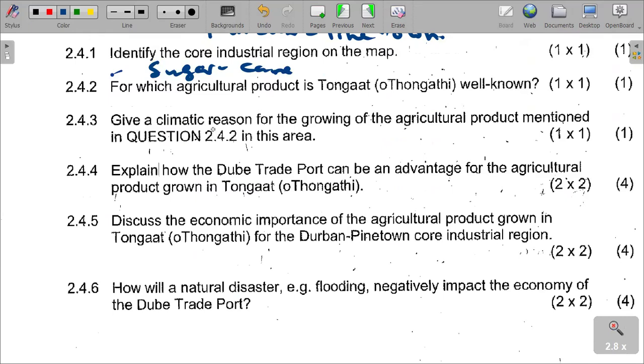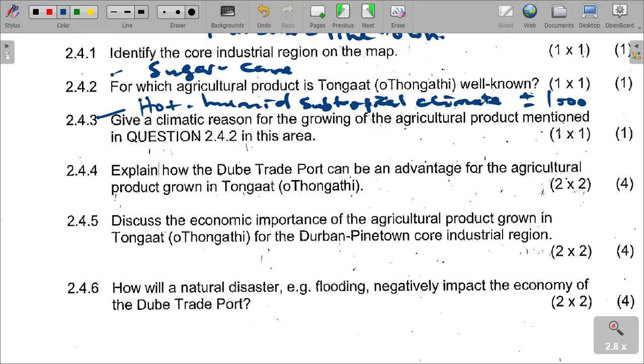What we are saying is, the climatic region, sugarcane, where do we grow sugarcane? It must be hot, humid, a subtropical climate, hot and humid, subtropical. And then we have plus or minus 1,000 millilitres of rain.